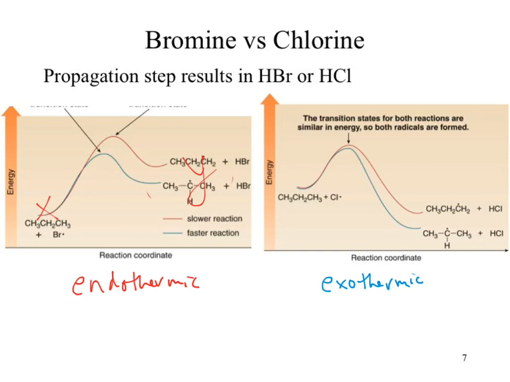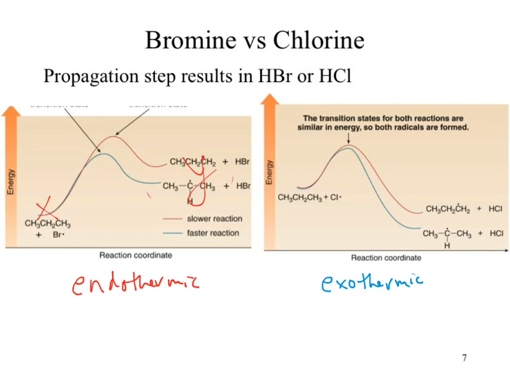So if there is now a significant difference in energy of those products, what is that going to now make a very large change to? The transition state energy. If your transition state energy changes significantly, what happens to the rate of the reaction? It's going to change very significantly.